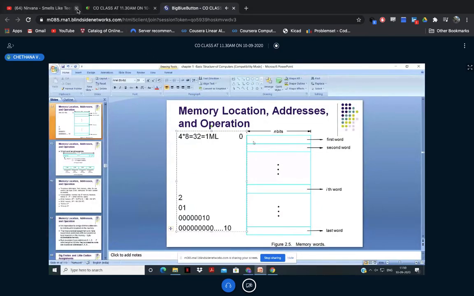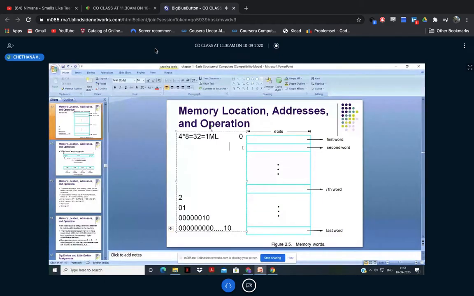Now my question to you is: suppose in one memory location I'm going to store 64 bits of data. Can you tell me what's the address of this next one? 64 bits I'm going to store. My question to you is, what's my next address number?